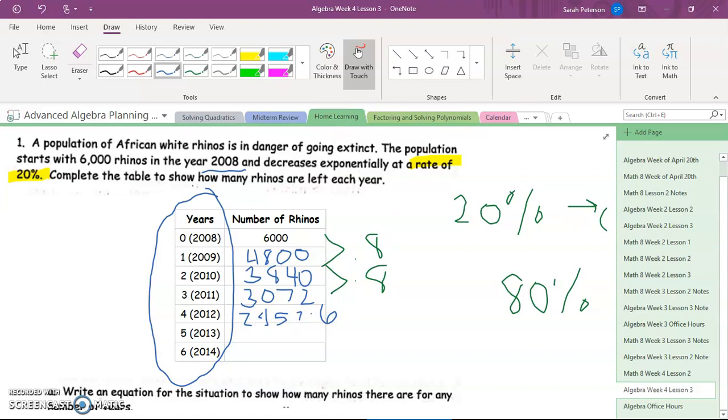And multiply that by 0.8, I get 1,966.08. And then I multiply that by 0.8 and I get 1,572.864. So I've just filled out that table using what I know: I want to take 80% of the original value, which means it'll decrease by 20%.